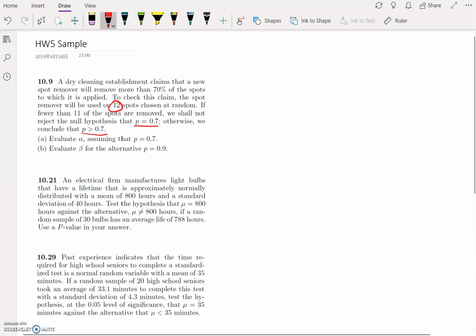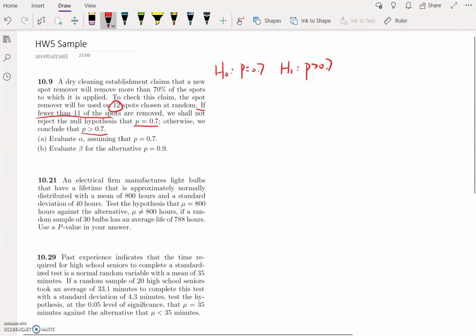So from this question, we know the null hypothesis is p equals 0.7, and the alternative hypothesis is p greater than 0.7. If fewer than 11 of the spots are removed, we shall not reject the null hypothesis.